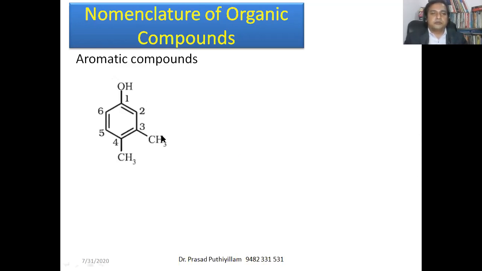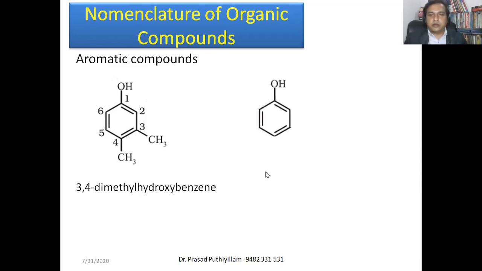Another example. This is hydroxybenzene. So the third and fourth carbon atoms have a methyl functional group. Therefore 3,4-dimethyl hydroxybenzene. Hydroxybenzene, a better way we can write it as phenol. Hydroxybenzene we call as phenol. Therefore it is 4-ethyl 2-methyl, not aniline, phenol.